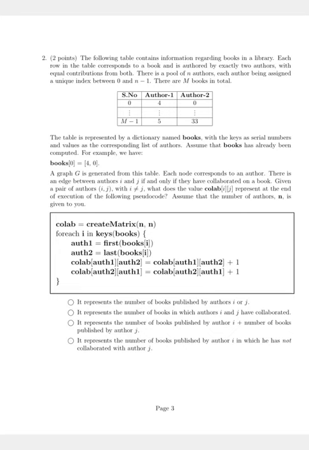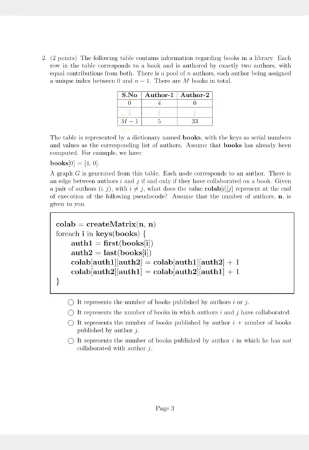There are m books in total. So here we can see an example of what that would look like. So we have authors, the serial number of the books from 0 to m minus 1, and each author is assigned a unique index number to them.